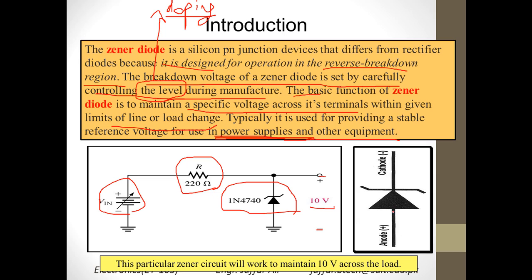This is the circuit diagram of a Zener diode. The normal diode is represented by this diagram, but in the Zener diode we have to put some lines over here, these two lines. This makes it different from a common p-n junction diode.